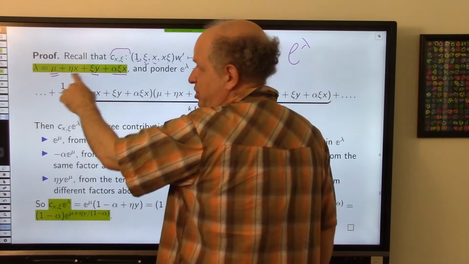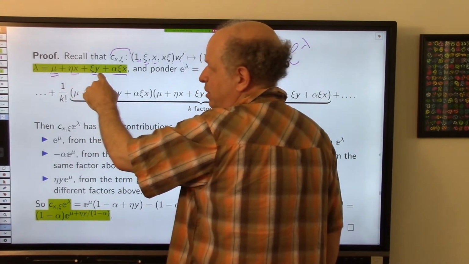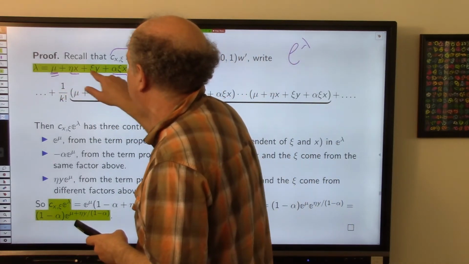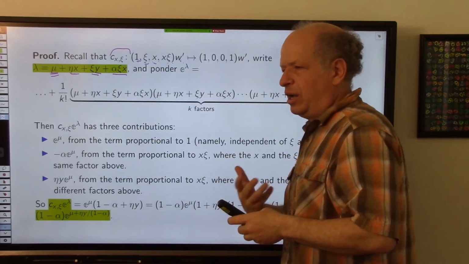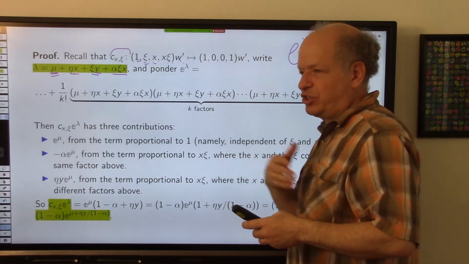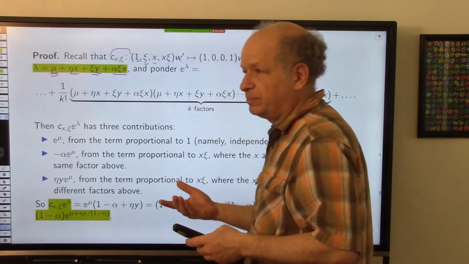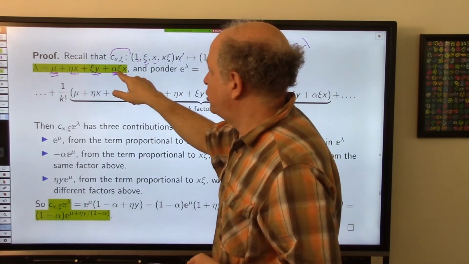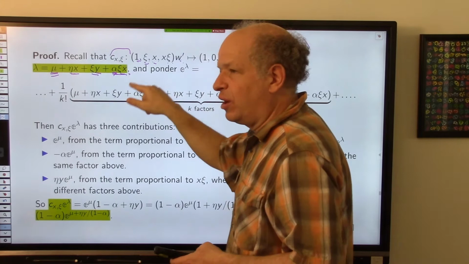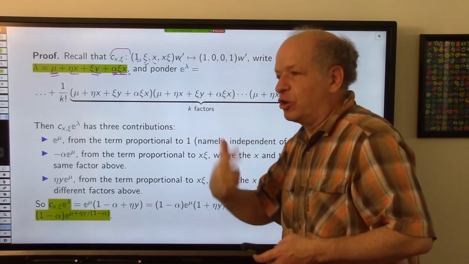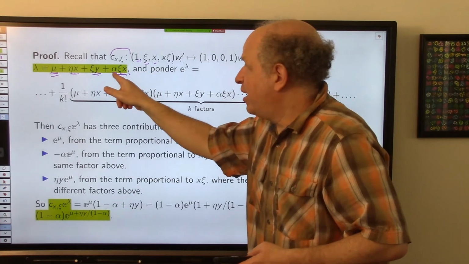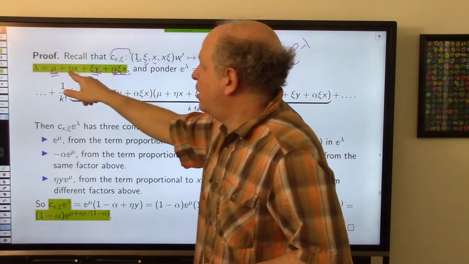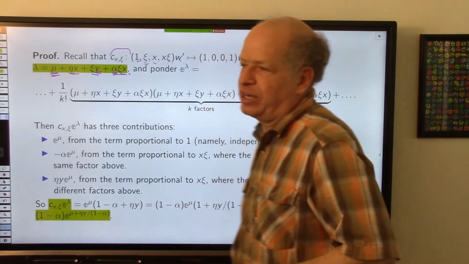Eta is the same, y is the same. So x and psi are the given variables, so all the other variables, mu, eta, and y, are elements of the exterior algebra with these variables removed. And alpha multiplies psi x. So alpha is a coefficient of something which is already quadratic, so alpha must be a scalar itself. Y is linear, eta is linear, and mu is quadratic.